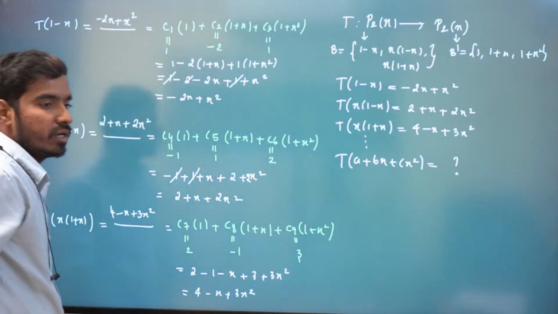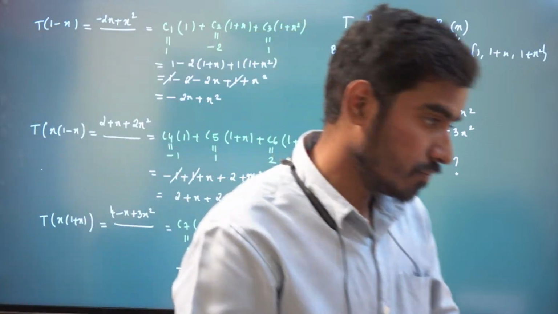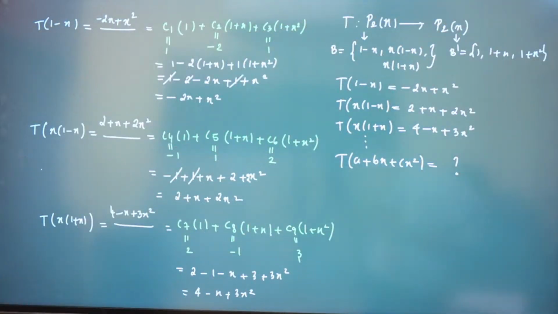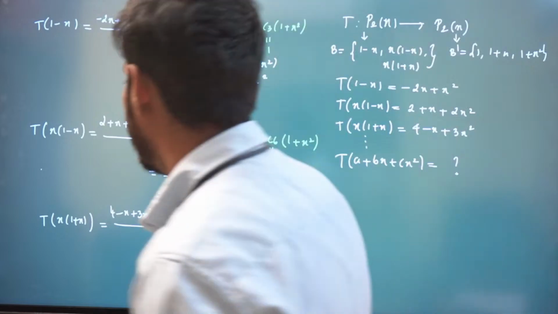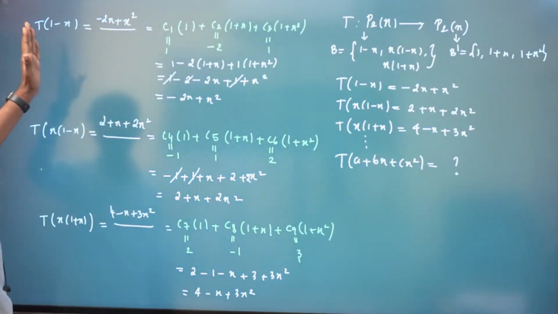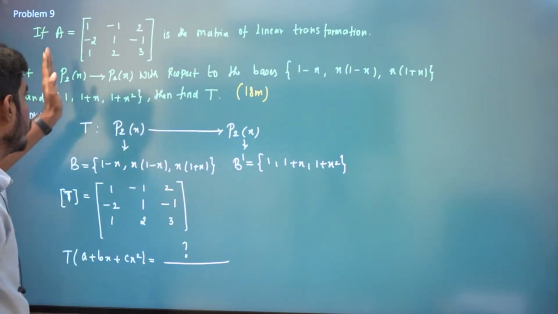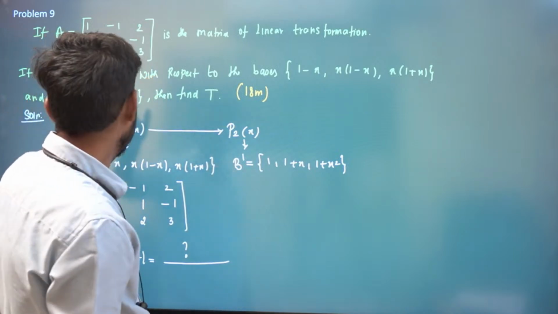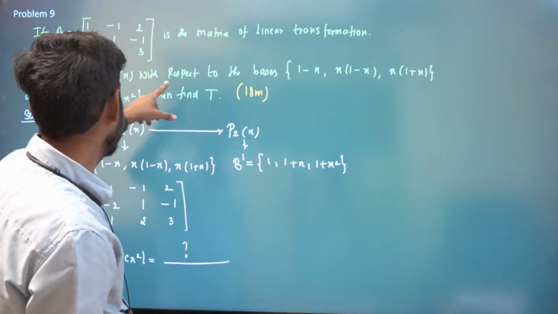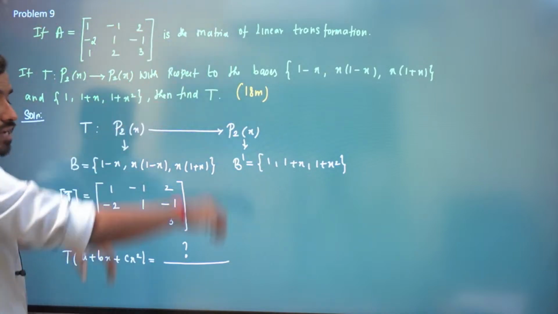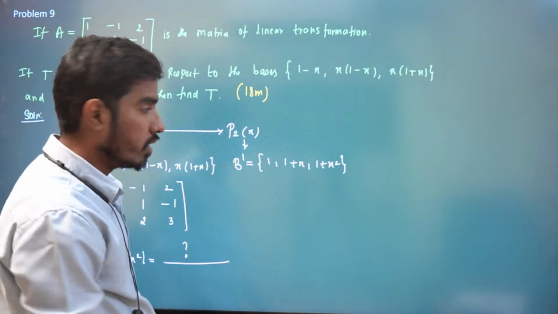Yes, minus 2x plus x square. Our map is correct. This is a general map that takes any vector of P2 to P2 with respect to these spaces, and that matrix is given by this matrix, right?